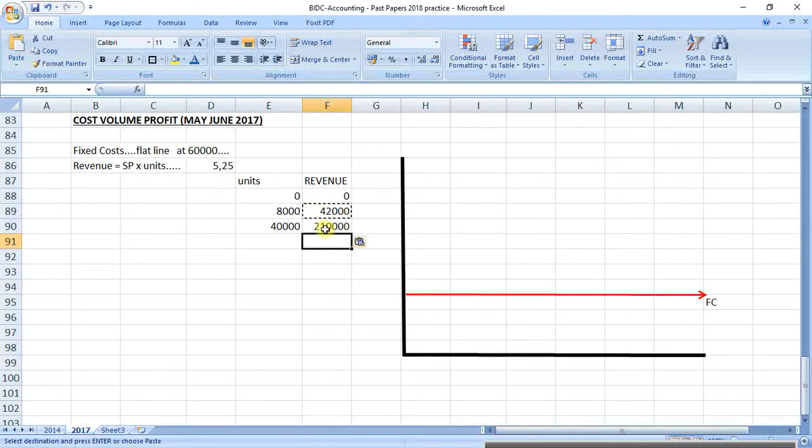Okay, so let's put that on your graph. 0, 0, put little, small dots. Okay, then we've got 8,000 units, 42,000 revenue. Then put 40,000 units, 210,000. Join the dots, one straight line.